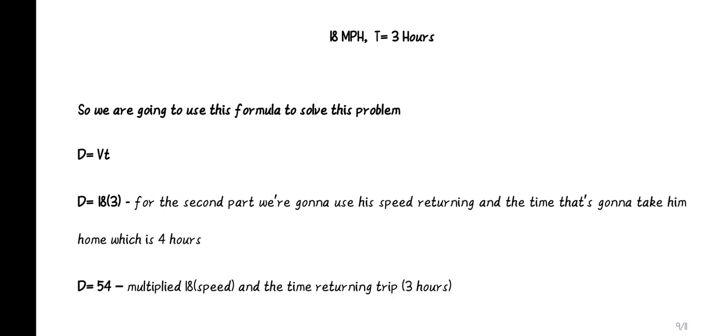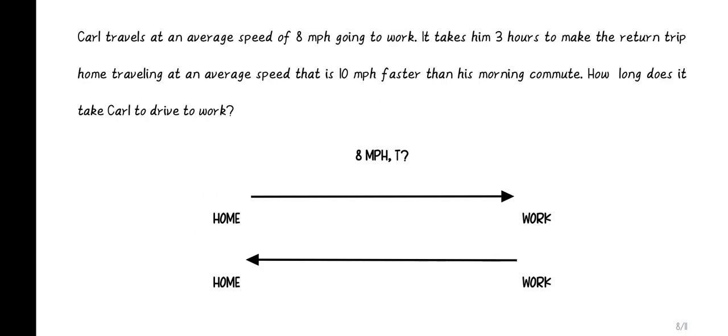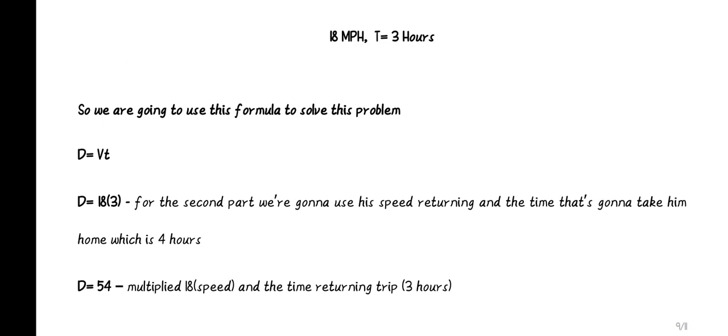Since our velocity is 18 miles per hour, I mean, we're going to find not the time, my bad, not the time, but the distance. We're going to find the distance of this problem. Distance is equals to velocity times time. Distance, or d, is equals to 18 times 3.